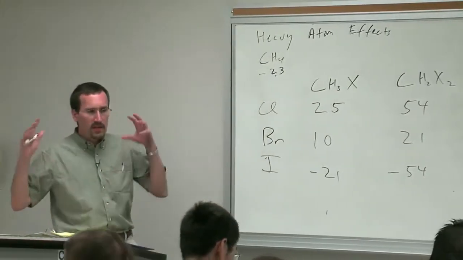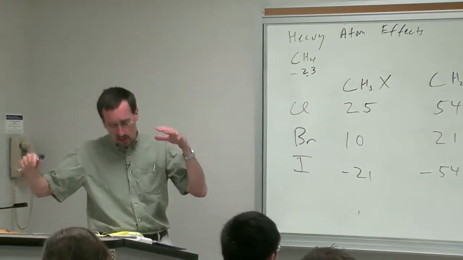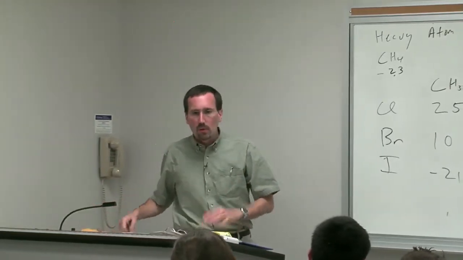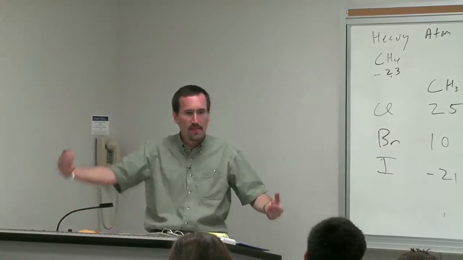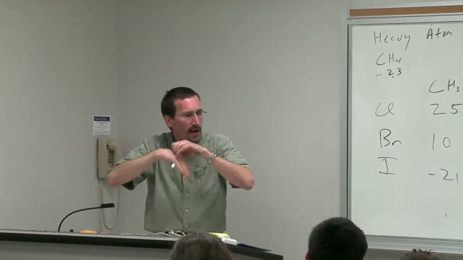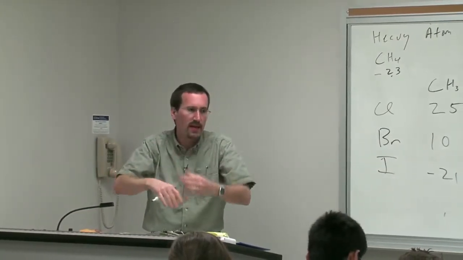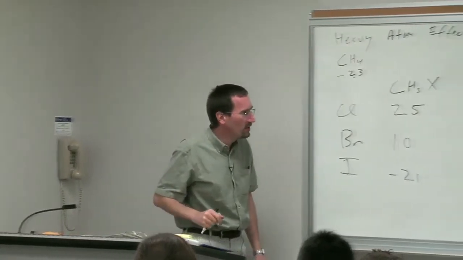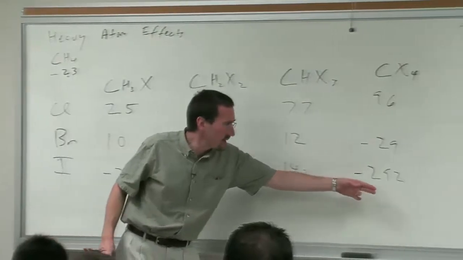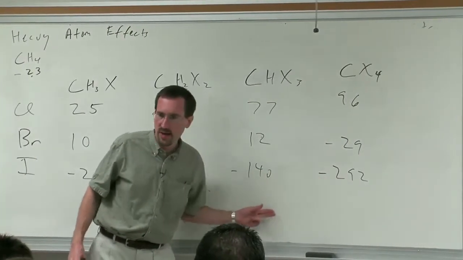And what's happening is the orbitals are extending so far out with these heavy atoms as you move down the periodic table that their electron clouds are actually enveloping that carbon and shielding it from the applied magnetic field. And as you can see, in some cases, shielding it very dramatically.